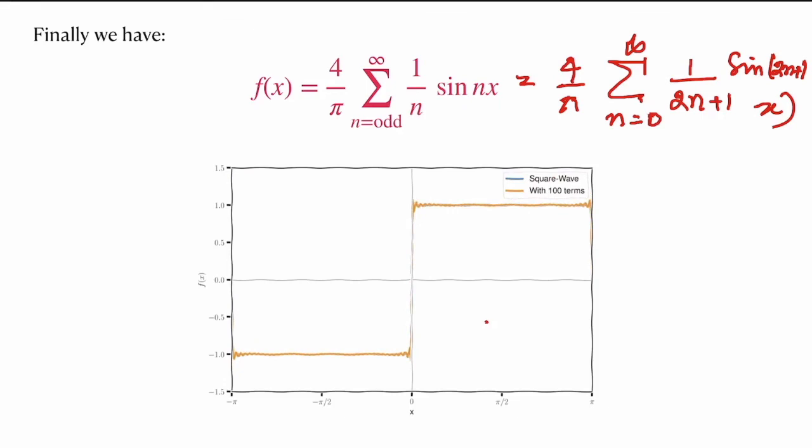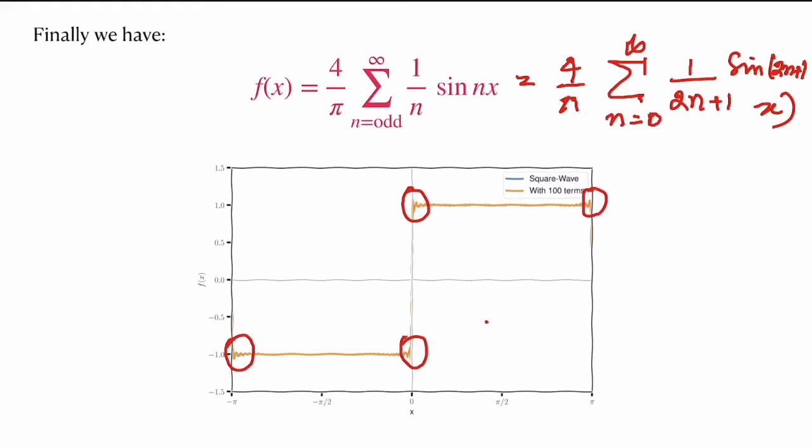The error becomes less and less as we take more and more terms. And we also notice there are some wiggles which don't seem to die off even if we take large and large numbers of terms. You see that these wiggles essentially accompany the discontinuity in the function. So we'll come to this a little later and try to see what is really happening.